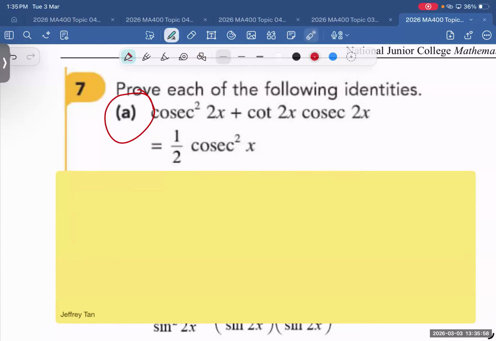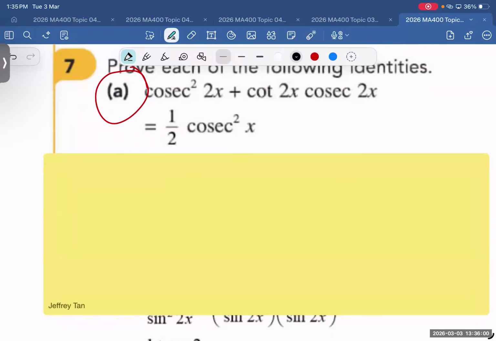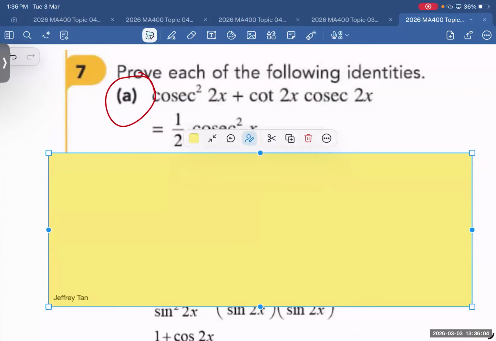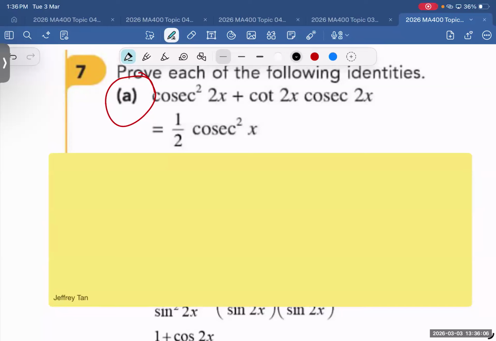Or maybe I may change everybody to sine and cosine. I'm going to change this to cosine over sine.